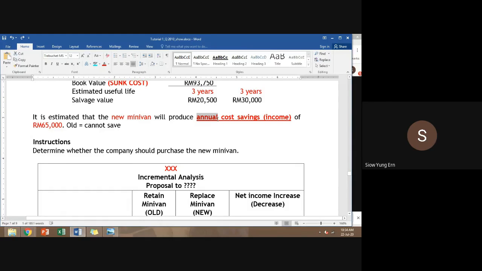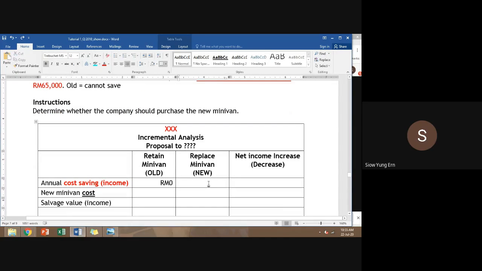So what do you need to do? Correct, times 3, because useful life is 3 years. So 65,000 is 1 year, useful life is 3 years, so you need to times 3. Correct, 195,000.